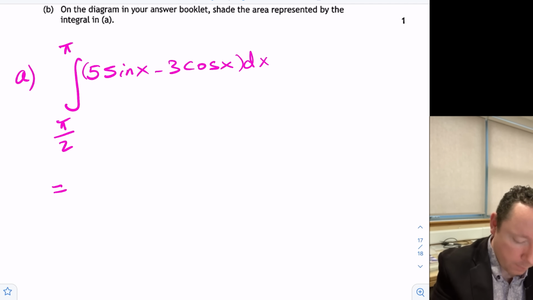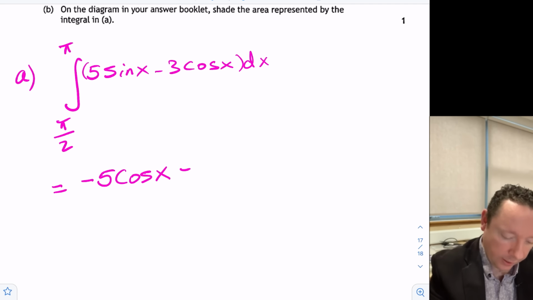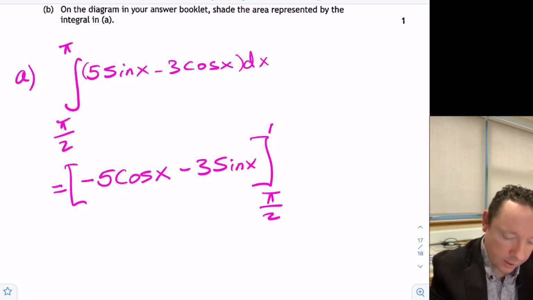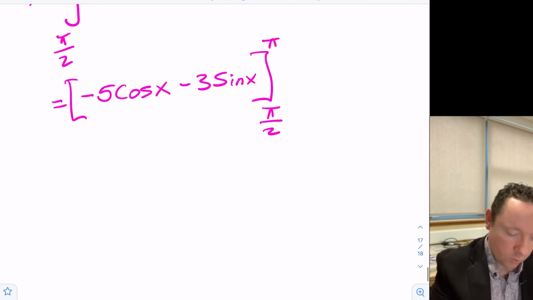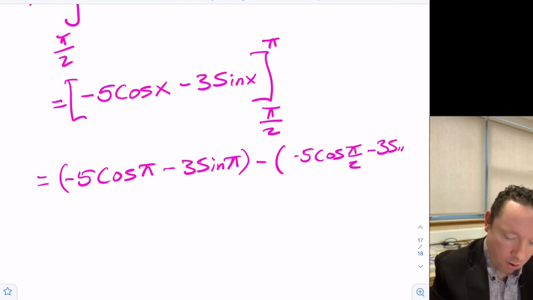So we've got minus 5 cos x, and then cos integrates to sine, so minus 3 sin x, and our limits are between pi over 2 and pi, so we're subbing in our limits. So we get minus 5 cos pi minus 3 sin pi, take away minus 5 cos pi over 2 minus 3 sin pi over 2.